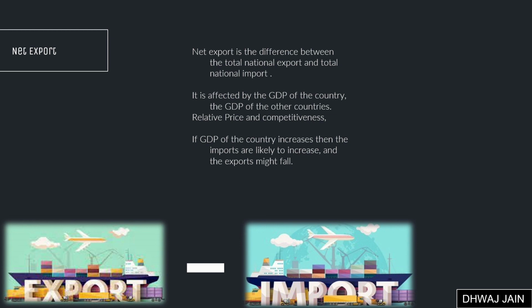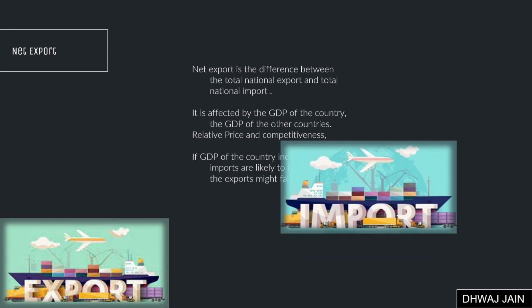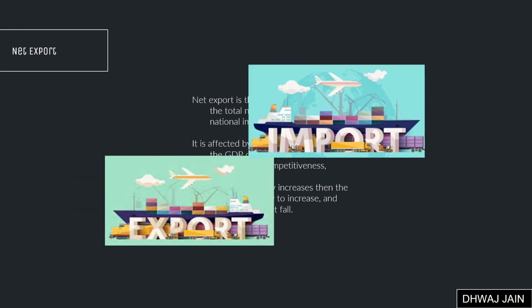That's how China's net export is increasing. Because the other country's GDP is increasing, they can import more from China, so China is exporting more. If China is exporting more, their net export is likely to go into positive, or it's likely to increase. That's about import and export.